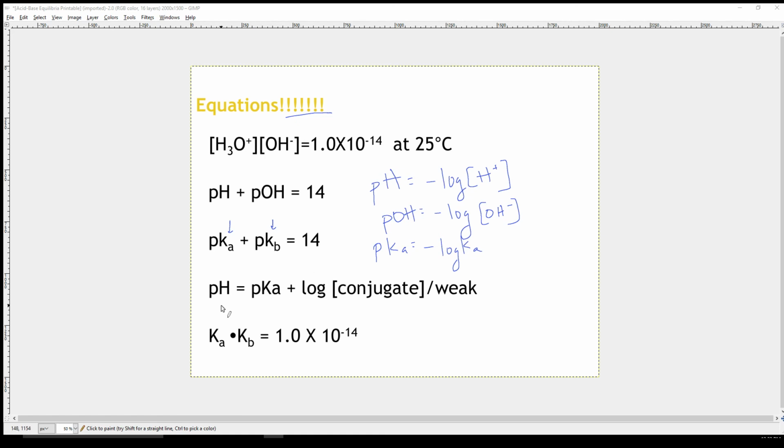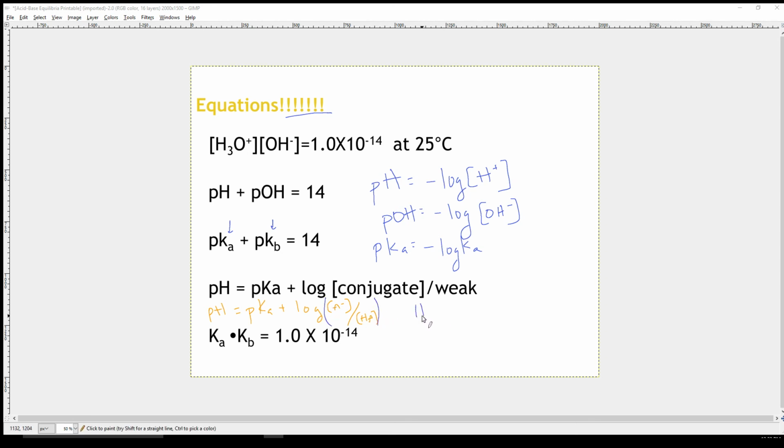We also want to know that the pH is equal to the pKa plus the log of the conjugate over the weak. Let's reword that. pH is equal to pKa plus the log of your A minus over HA, and this is all in parentheses here.